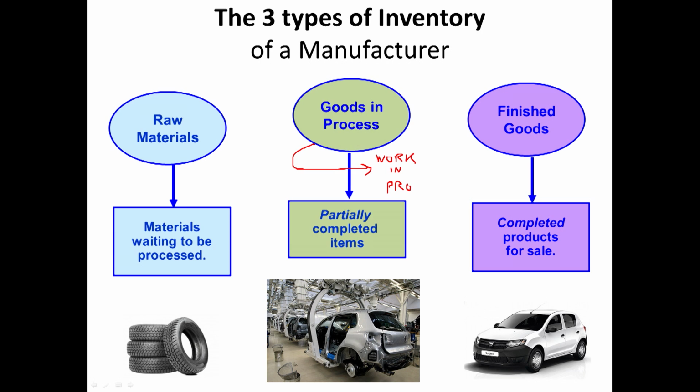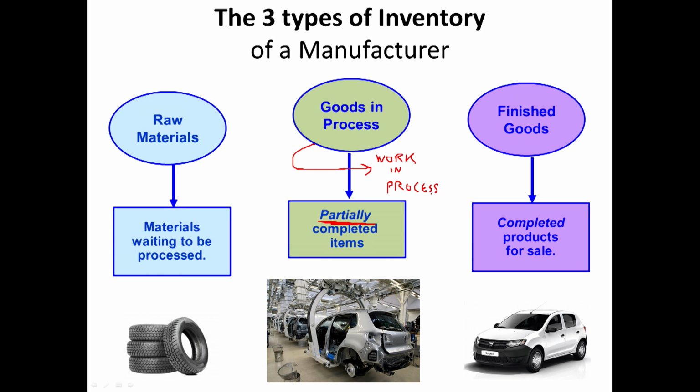So goods in process inventory and work in process inventory, same thing. And I'll use both terms, and sometimes I won't realize which one I'm using. But these are partially completed items. You can see that photo down there of an auto that's going through the assembly line at an auto plant. And they've started to put it together, but it's certainly not done, is it? Okay? That is goods in process or work in process inventory.